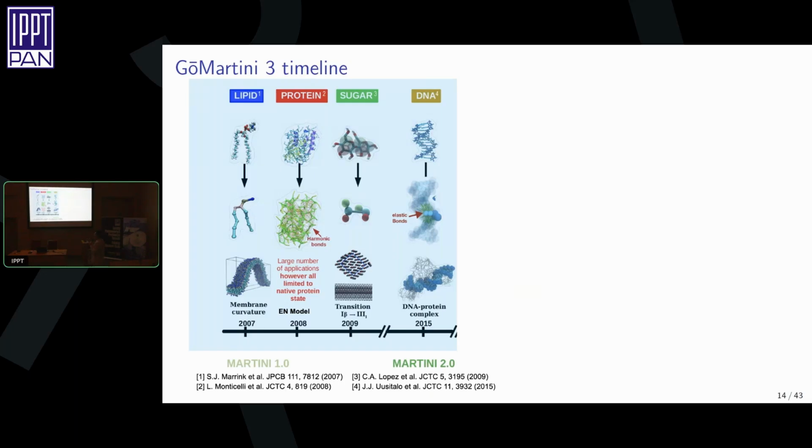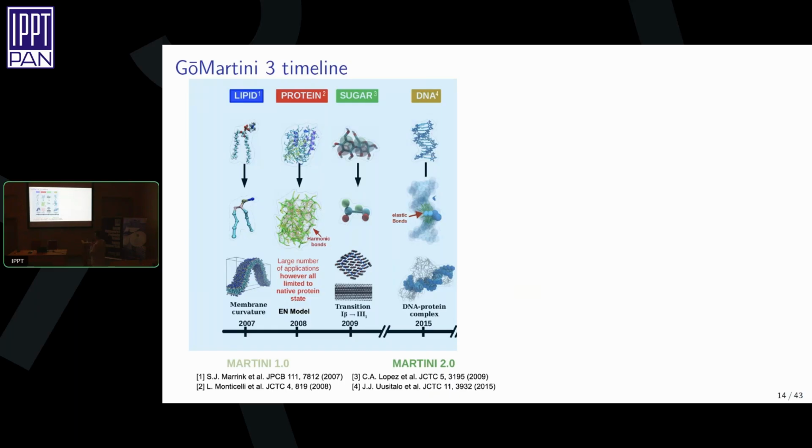Proteins in Martini potentials, which are coarse grain potentials, require information about the structure, but they chose the elastic network as the potential to retain the structure of the protein. Of course, this limited the study of conformational changes for that system.